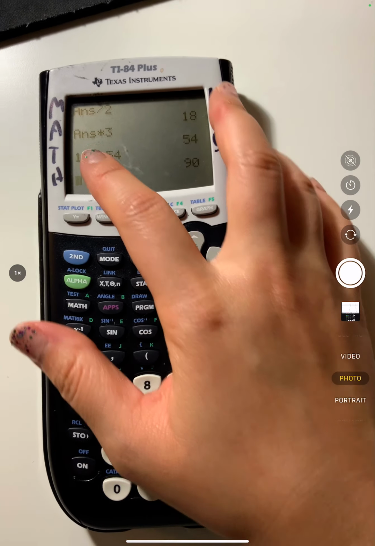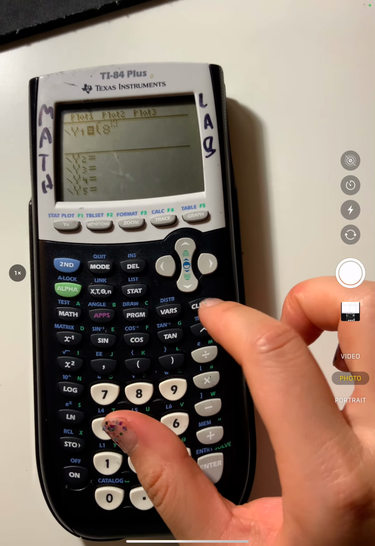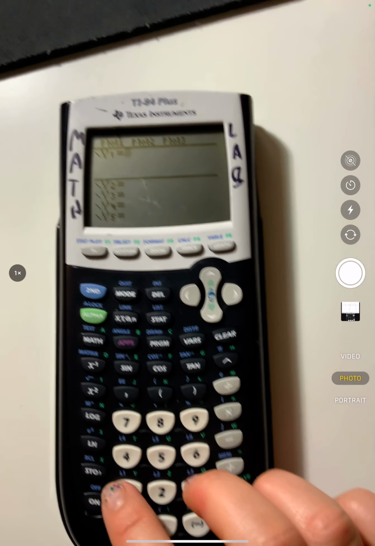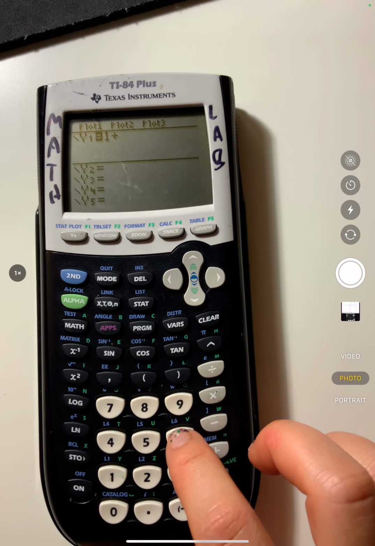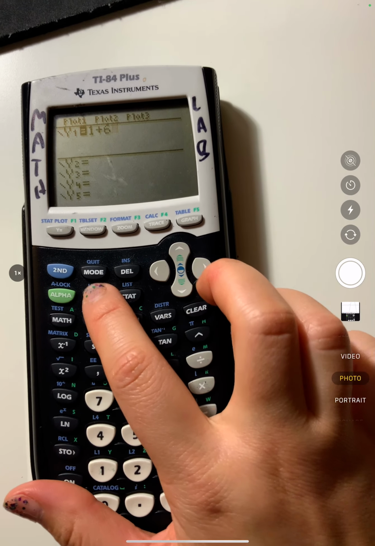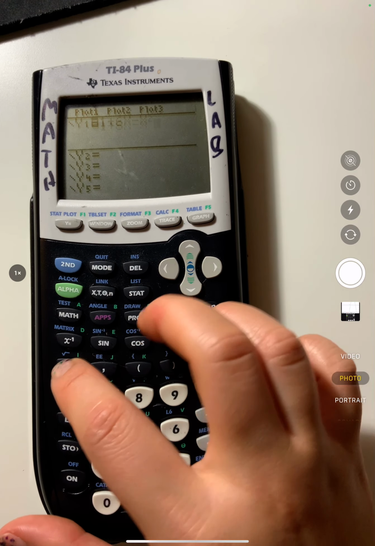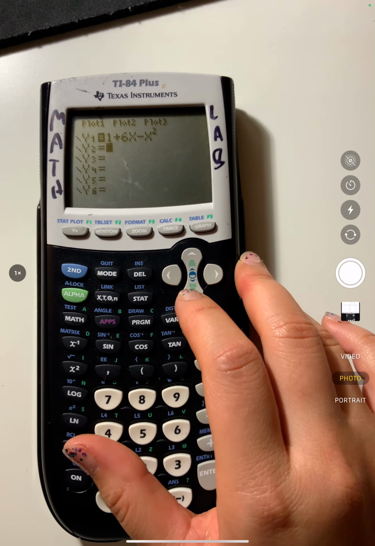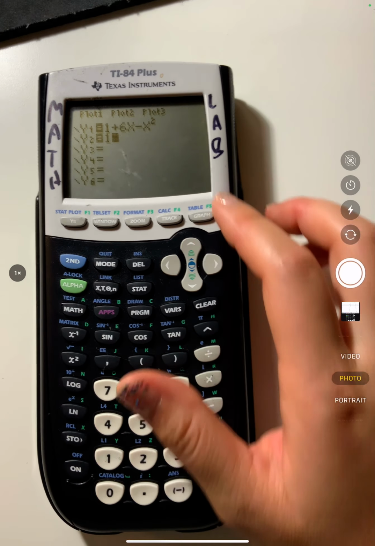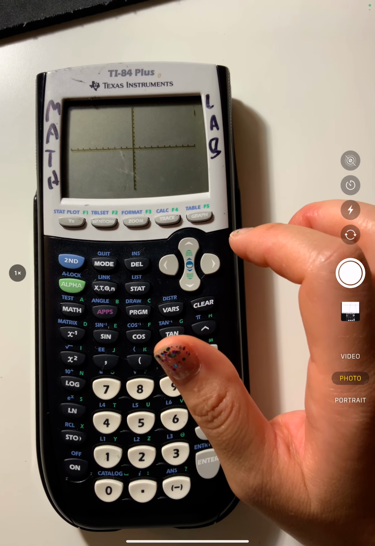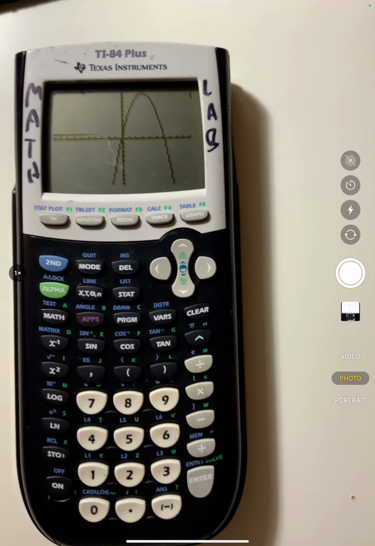On y equals, let's enter 1 plus 6x minus x squared. And then the second function is y equal 1. And you have this graph here, a parabola intersecting a line.